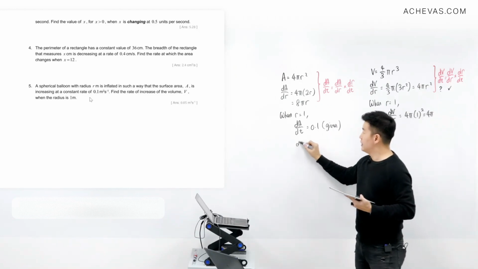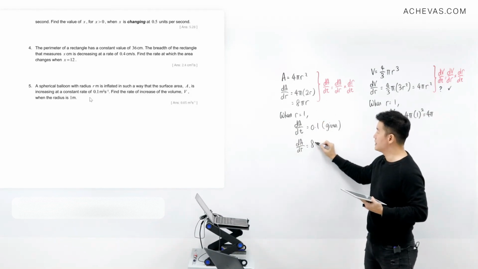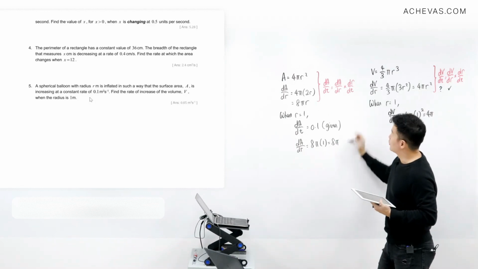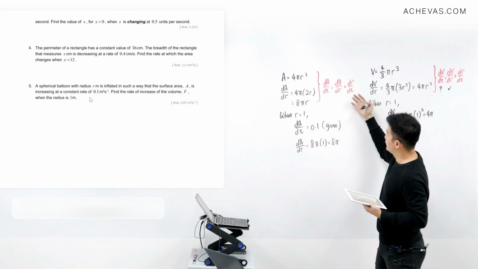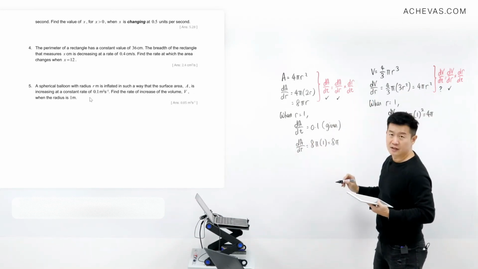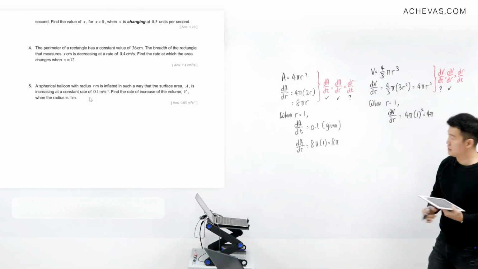And we can also find dA/dr. dA/dr is 8π multiplied by 1, so this is equal to 8π. I've already gotten this, and I've also gotten this, which means that now I can find the last unknown quantity, which is dr/dt.